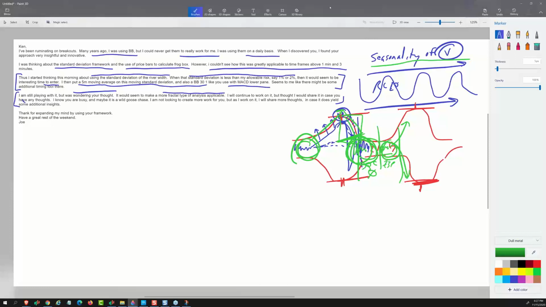Now, the width of the Bollinger Band itself, so BB width, is found in an indicator called %B. So if you read Bollinger on Bollinger Bands, that's his book on the subject.